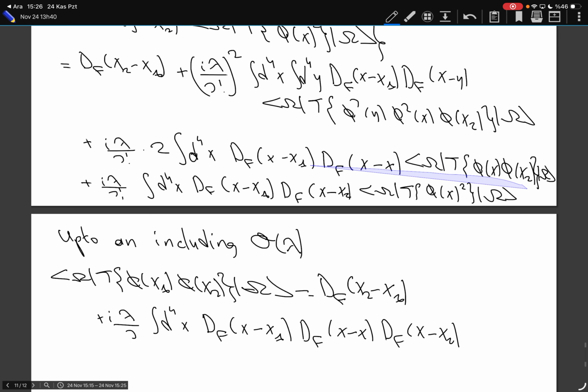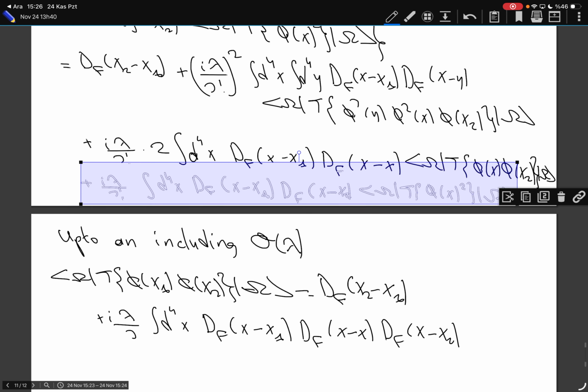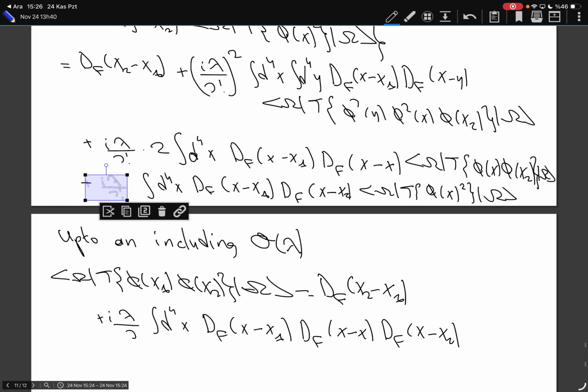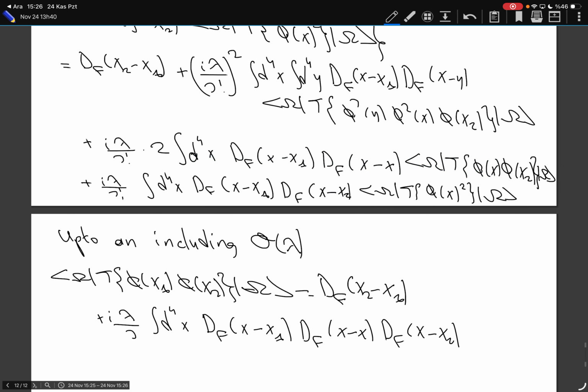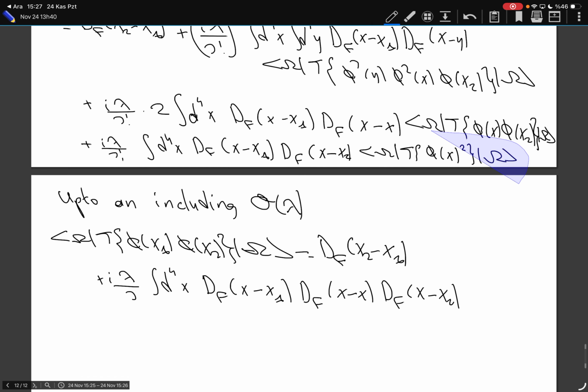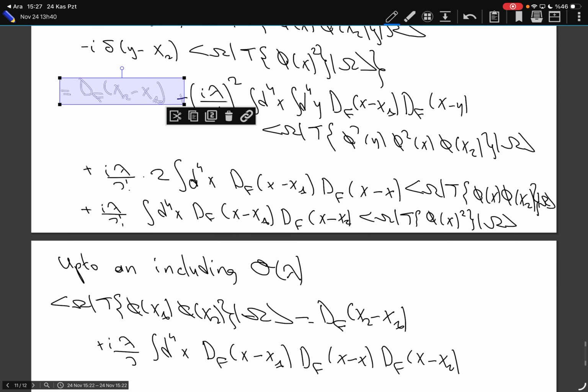The same thing over here. It is already multiplied by lambda, so if I'm interested in everything up to the first order in lambda, I should take the lambda to the 0 term in this expansion. Lambda to the 0 term in that expansion is just replace this by the free propagator, which is this term.